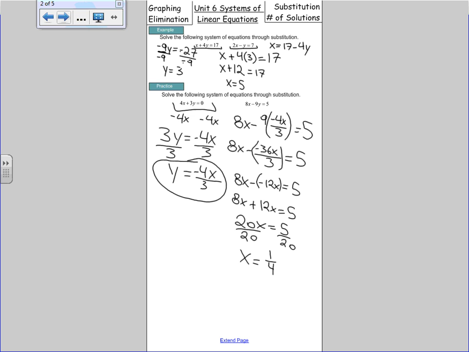So what do we have to do, Brady? Yep. We subtracted a negative. So it's like adding. X is equal to 1/4. Aaron, what do we have to do? You got it. We have to plug it in. So I'm going to substitute now this into this.